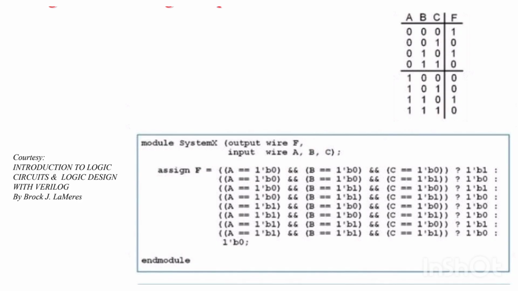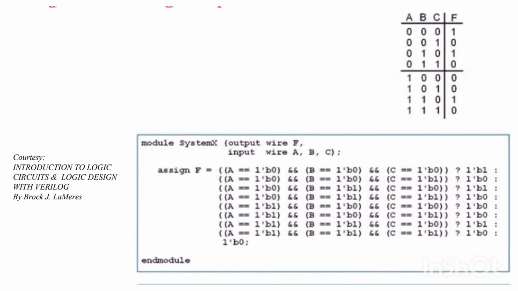As usual, port declaration is done, the module name is given, and we have declared the ports as output reg F, then input A, B, C. Then comes the assignment section, that is F is assigned directly all the combination values over there, conditionally. I will just read it out and explain to you how it is coming.